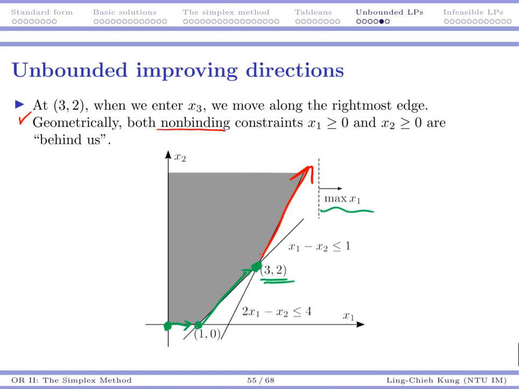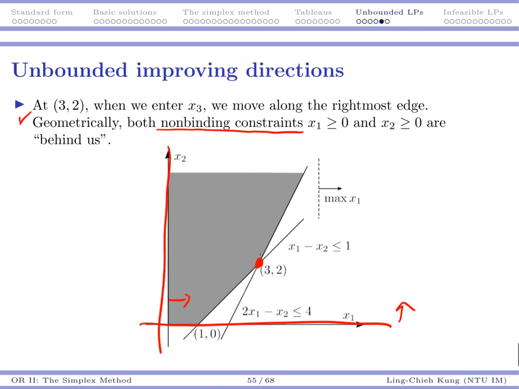Geometrically, you have two constraints that are non-binding, all right? At this point, one of the two non-binding constraints is non-negative, and the other one is also non-negative. If you move along this direction, there's no way for you to hit those constraints. Geometrically, we may say that these constraints are behind us along the direction, so there's no way to hit them.